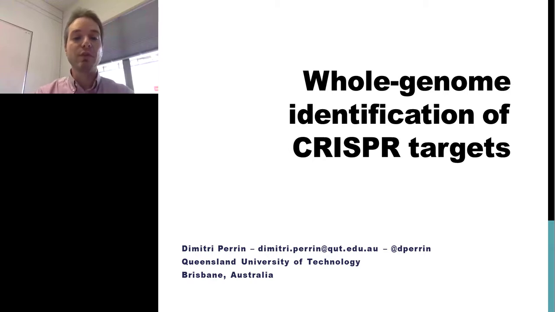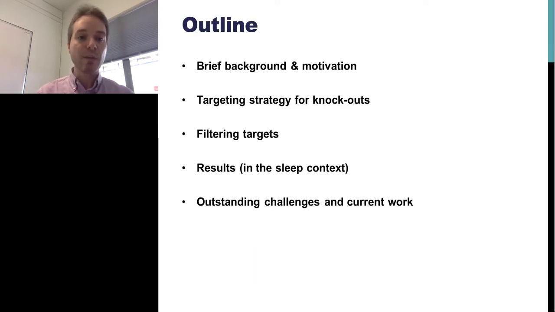Today I'm going to talk to you about more of a computational side of looking at CRISPR, and I'm going to talk about how we can design algorithms to identify good CRISPR targets in an entire genome. So the way the talk is structured is that I will start by giving you a brief background and motivation as to why we want to identify these targets in entire genomes.